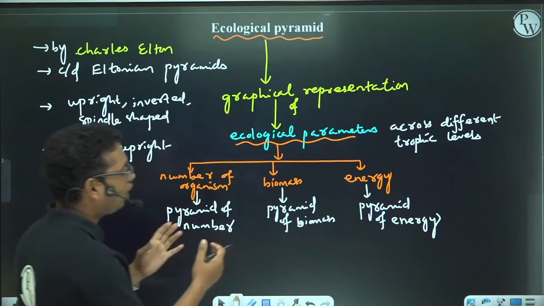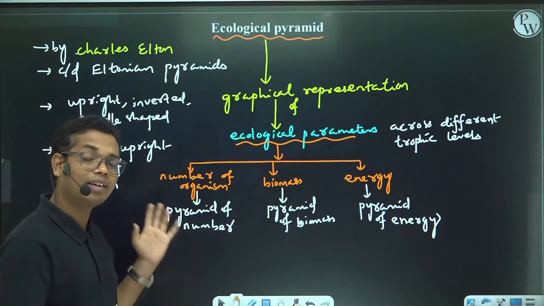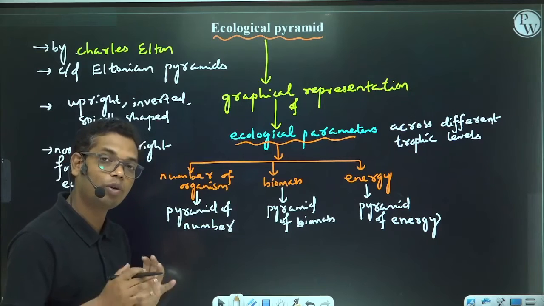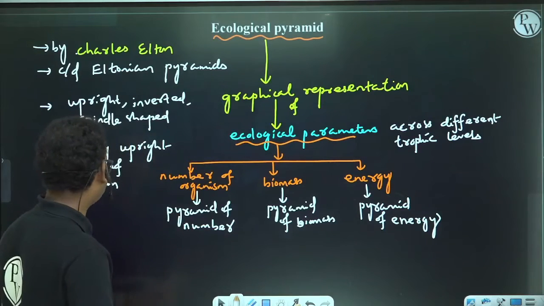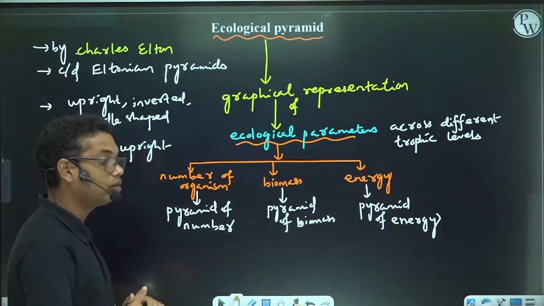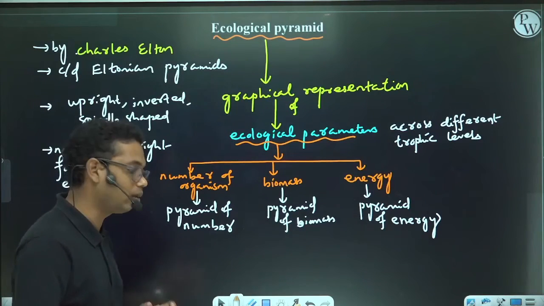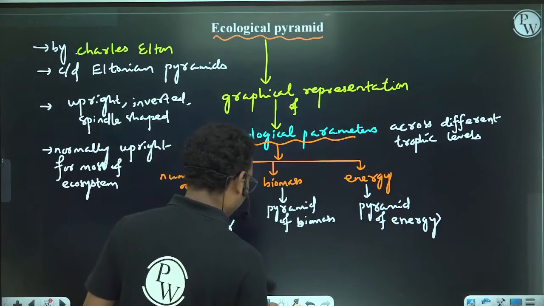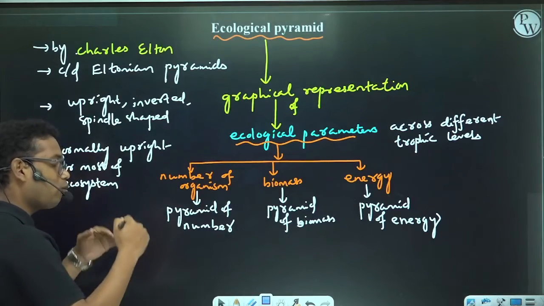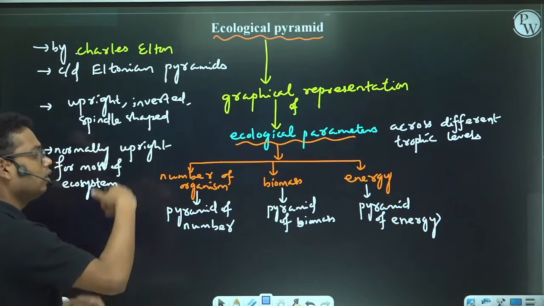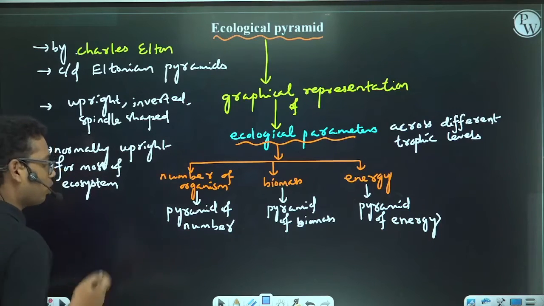Okay, and these ecological pyramids can be upright, can be inverted, or can be spindle shaped, but in most of the cases it is upright. Whenever we draw an ecological pyramid, the first trophic level, that is the producers, are present at the bottom side, and the higher trophic levels are present at the upper side.